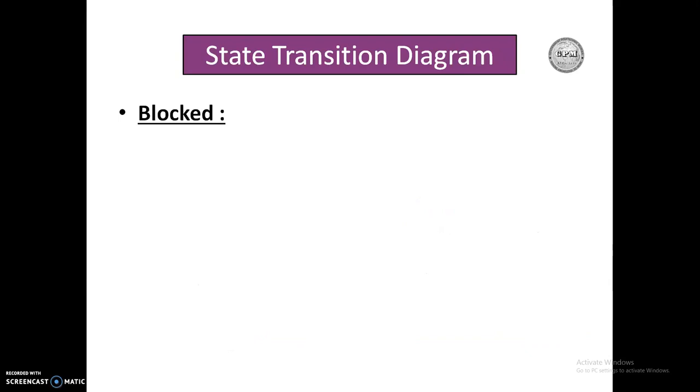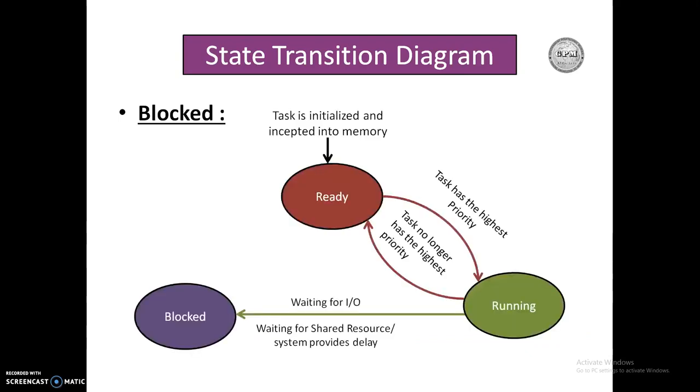Now let's see about the block state. It is extremely important in a real-time system because without the block state, a lower priority task will never run. If the higher priority tasks are not blocked, then lower priority tasks don't get CPU time for execution.